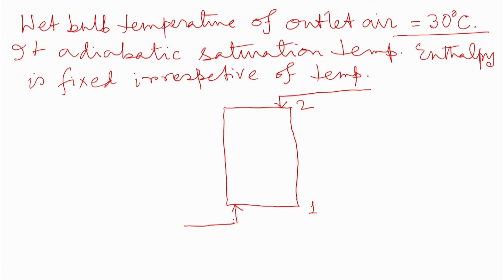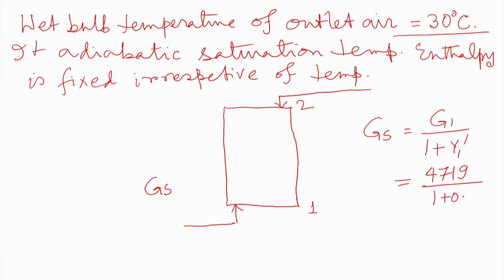Okay. Now we need to get the GS value. GS is equal to the G1 gas flow rate divided by 1 plus Y1 prime. The flow rate is given as 4719 divided by 1 plus 0.047, so it comes out to be 4507.04 kg per meter square hour.